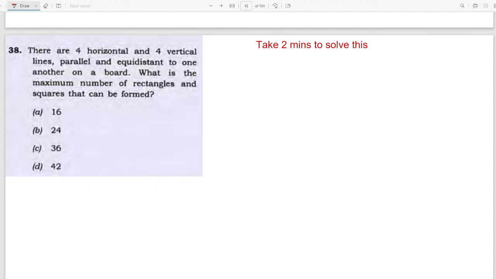So this is not a pure geometry question. This is a combination question with geometry. Option C, option B, option A. And there's a lot of deviation among people here.